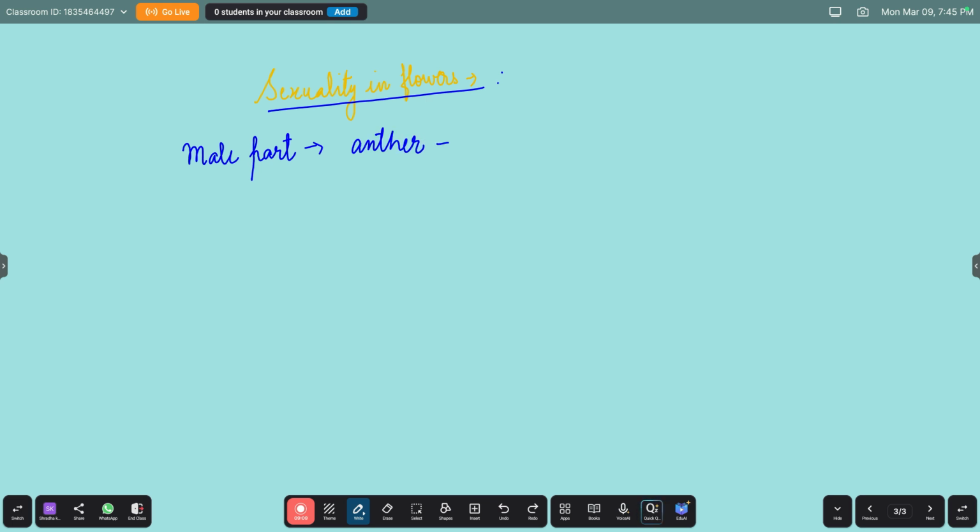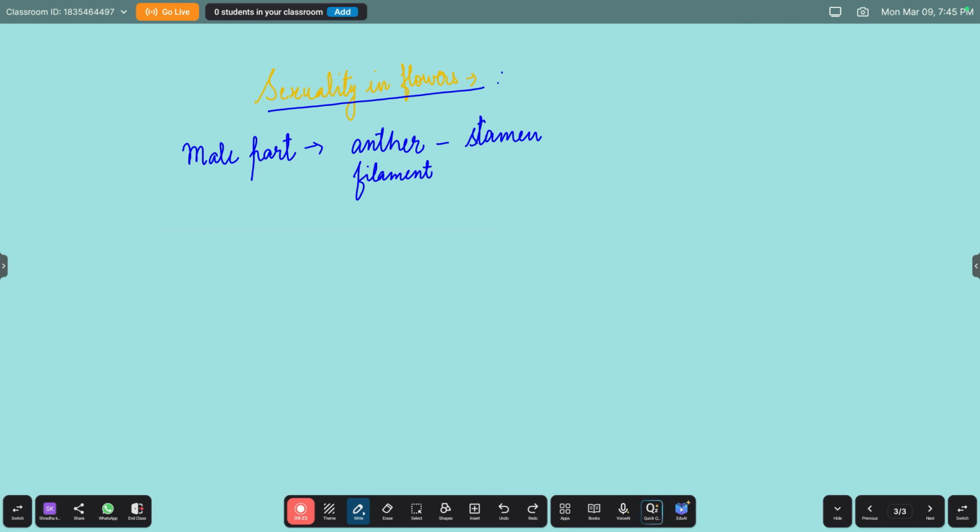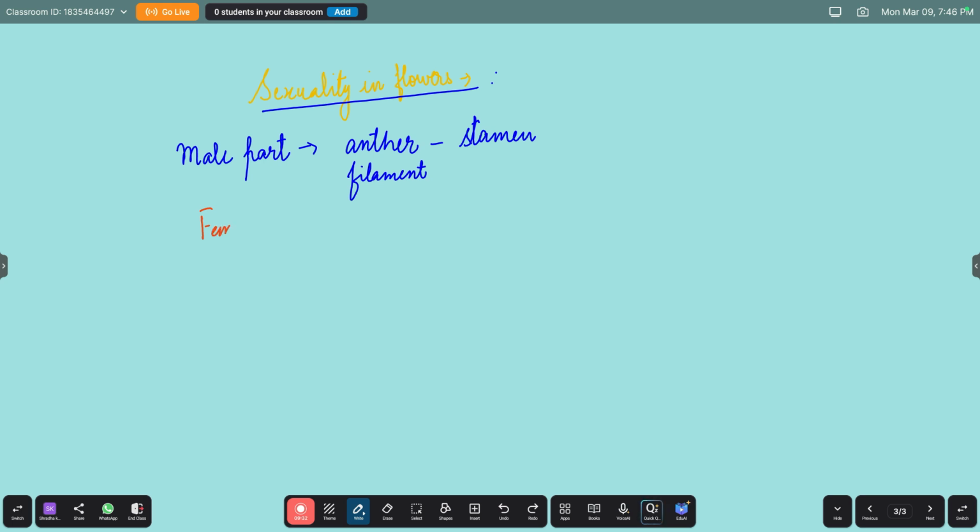Yes, the stamen: anther and filament will form the stamen. I just changed the color of it. So stamen is that particular part, and in the other way the ovary, the female part. What will be the female part?